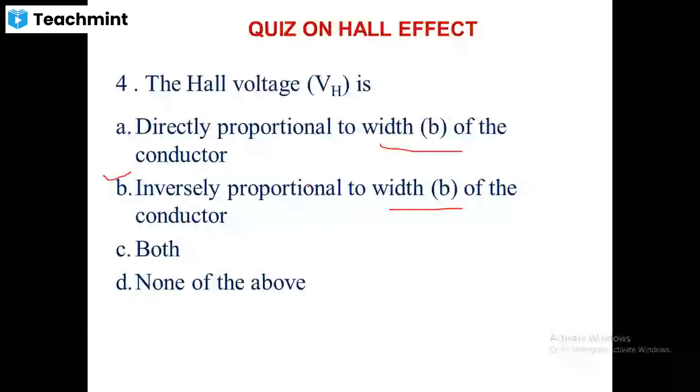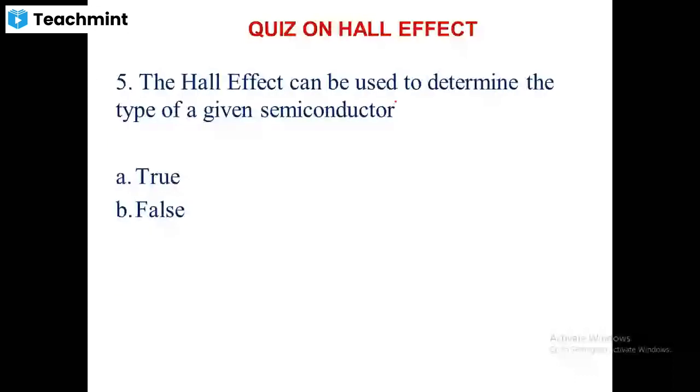As I told you, it is inversely proportional to the width of the conductor as well as the thickness of the conductor, right? So the correct answer is B. Then the last question: the Hall effect can be used to determine the type of a given semiconductor. True or false? Is it possible to identify the given material as P-type or N-type? Yes, it is possible. We can identify the given material as P-type or N-type by using the Hall effect experiment.